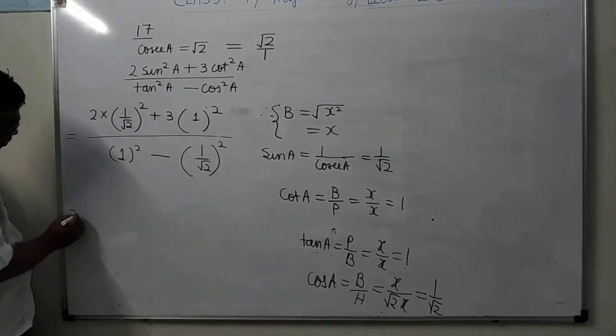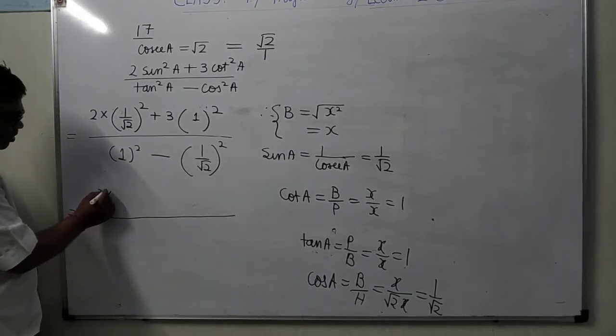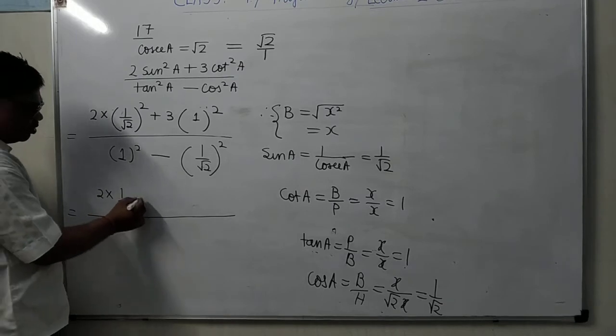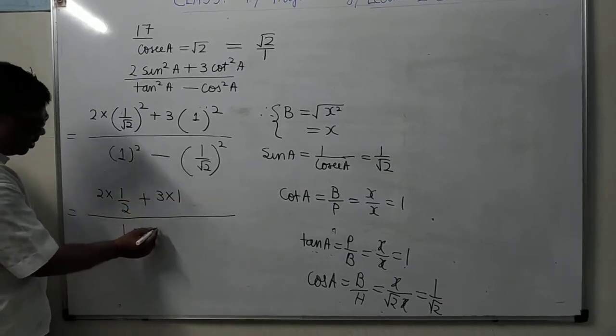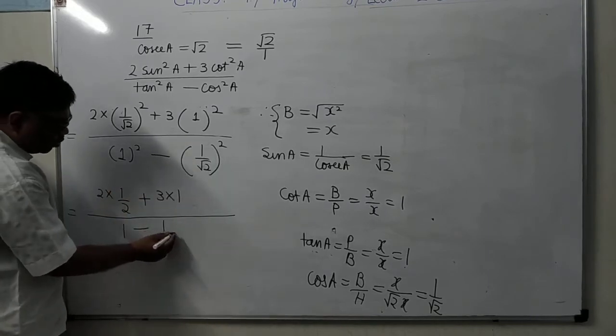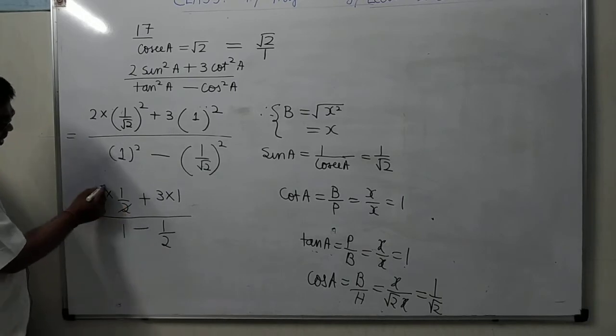Now simplify further. On further simplifying, 1 upon 2. 1 minus, 1 square is 1, root 2 square is 2. It's clear? So this and this cancel.